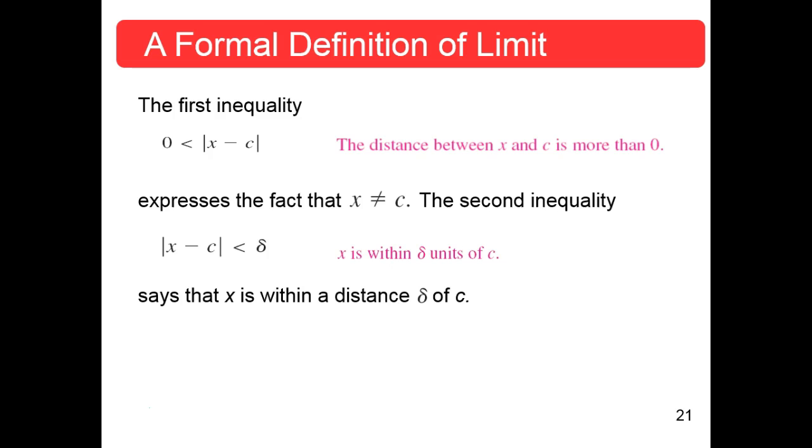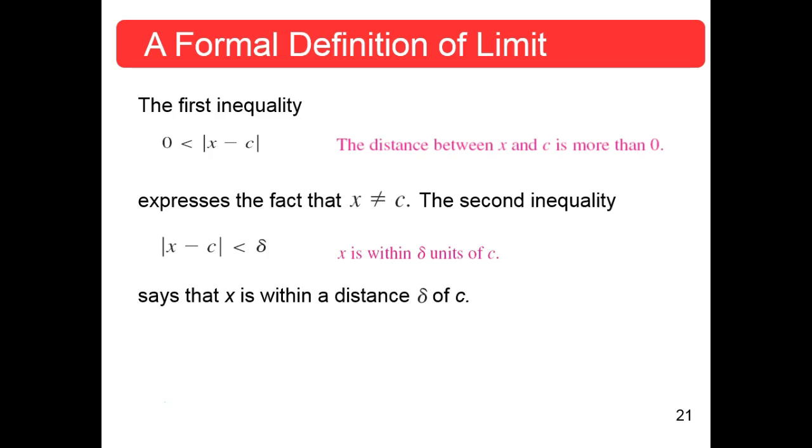So this first inequality, the first is that 0 is less than the absolute value of x minus c. That's the distance between x and c. It's got to be more than 0, because remember, x cannot equal c, or usually it's not. We don't allow that. So as x gets closer and closer to c, it's still going to be positive because of absolute value, and that emphasizes that x cannot equal c.